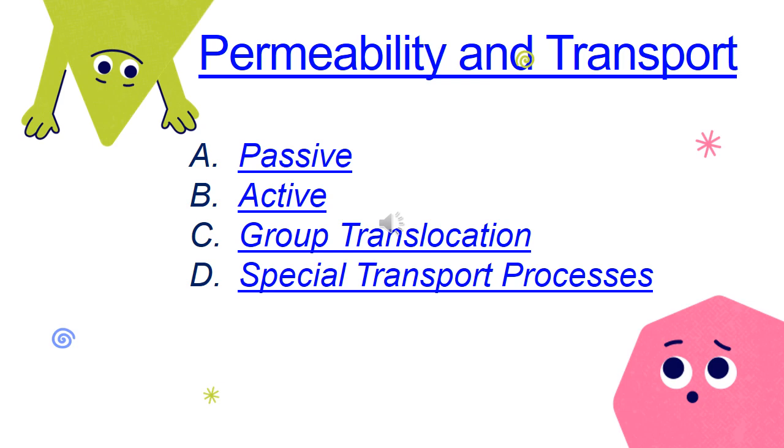So in terms of the permeability and transport of your cytoplasmic membrane, there are actually three general transport mechanisms: passive transport, active transport, and group translocation. We will also touch on special transport processes. Let us go through them one by one.